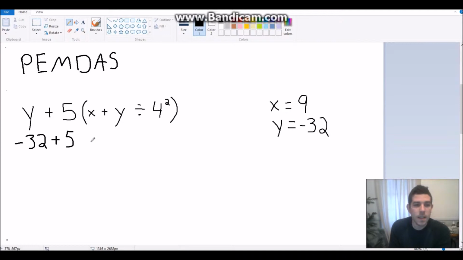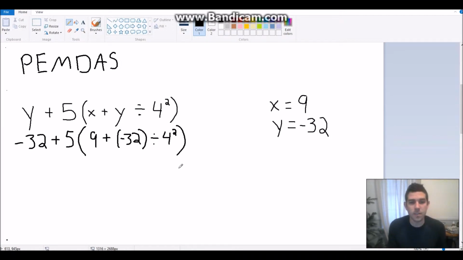Y is negative 32, based on what I just said here. X is 9. Up here's another y, so we'll just plug in negative 32 again. I'm putting this one in parentheses just to separate the negative from my addition sign. Divided by 4 squared. The little 2 means squared, means multiply it by itself.